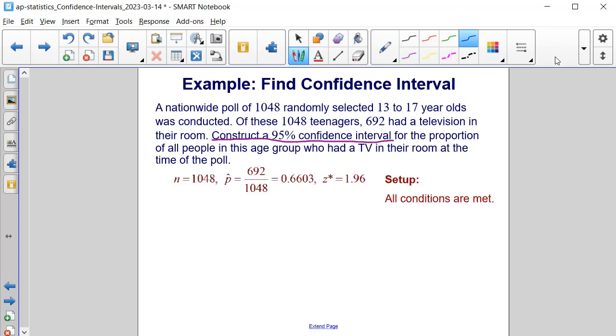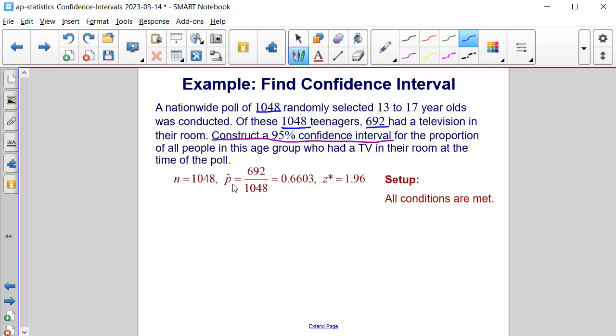The second step is to set up our equation and pull important data from our problem that we have. So we have 1,048 randomly selected teenagers, so that's our N value. Our sample proportion p hat is created by taking the number within our sample who had a television in their room and dividing it by the total number in our sample.